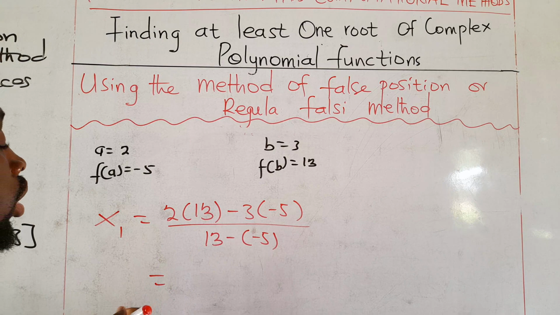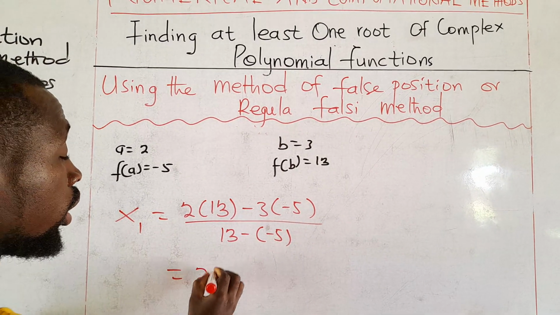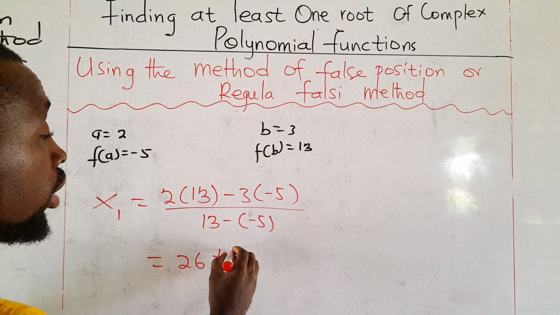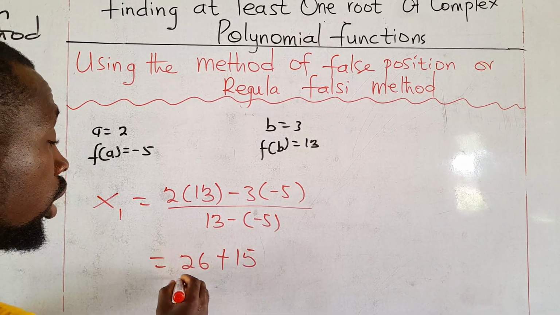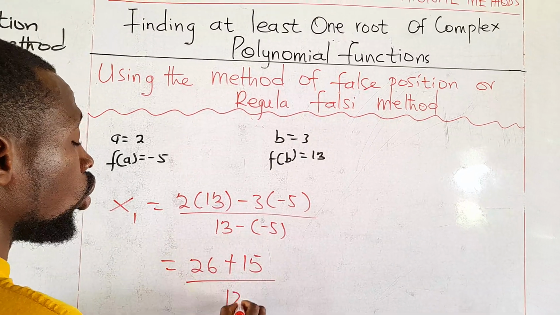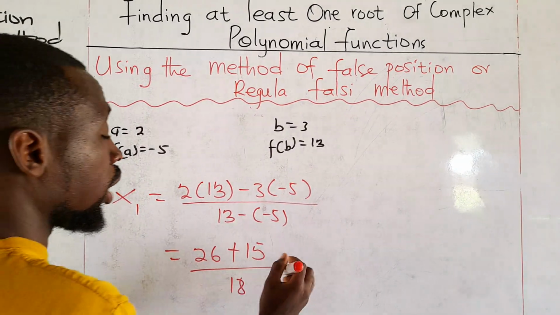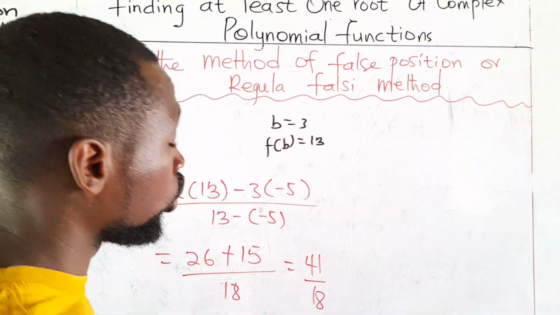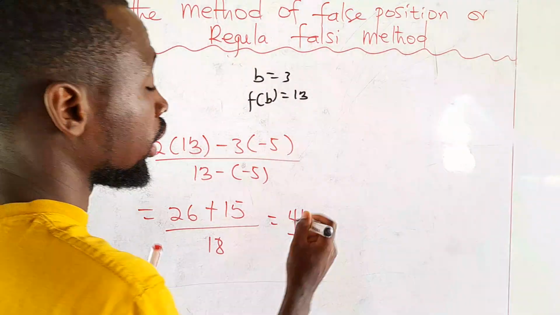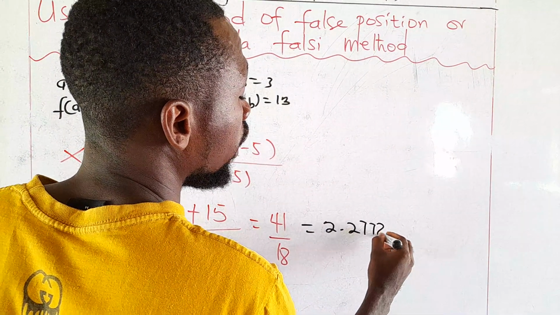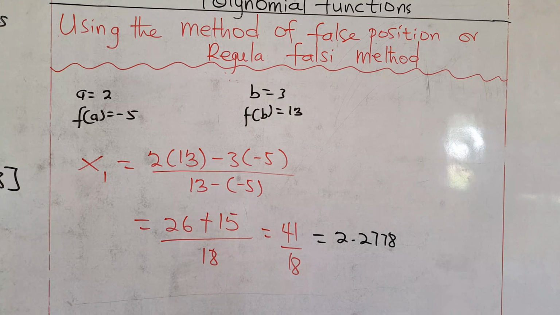Now 2 times 30, that will be 60. Then negative 3 times negative 5, that will be plus 15. All over this will be plus 5. So 30 plus 5 will give me 35. 60 plus 15, that will be 75 divided by 35. And when 75 is divided by 35, we'll get 2.2778, correct to 4 decimal places.